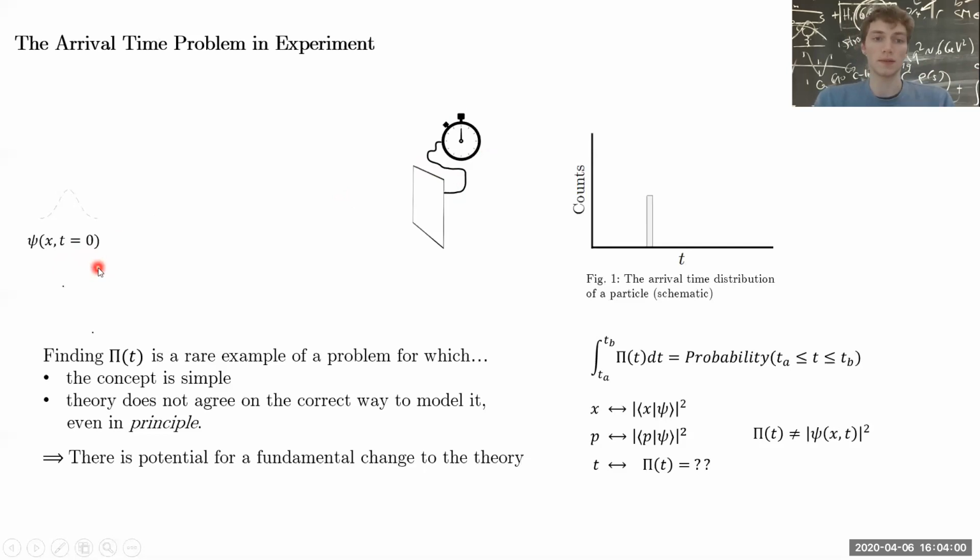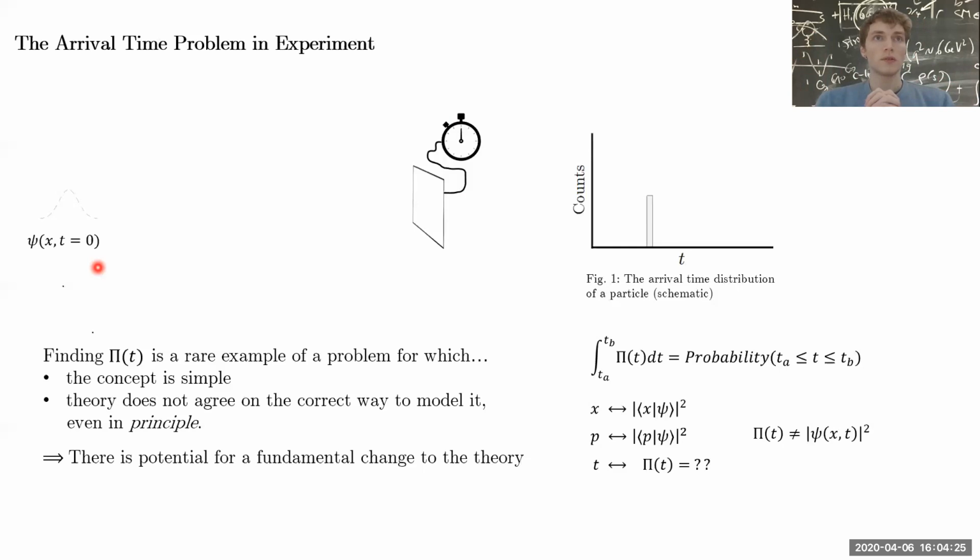So let me say that again. On each run of the experiment, we start with an initial state, we let it move freely, and then we record the difference in times between when the door was opened and when the particle was detected at the screen.